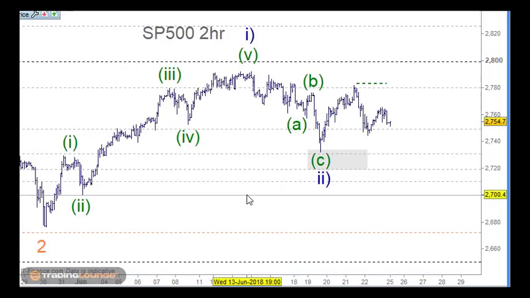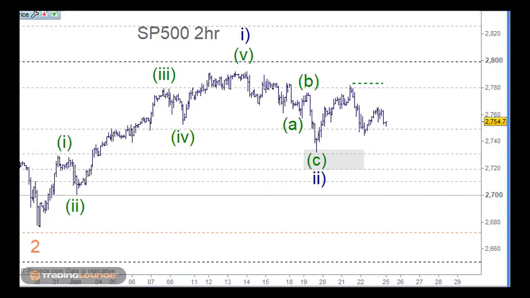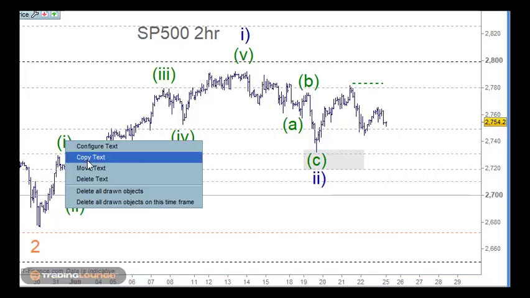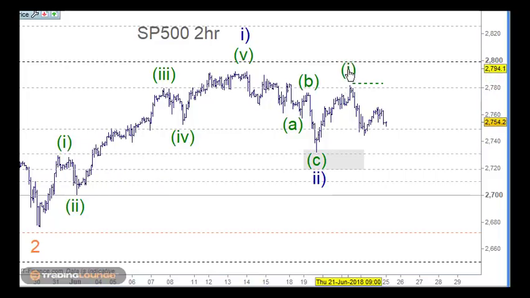This is where the strategy comes in. What we're talking about from here on in is really about when to go long and when to go short. In this case, it's possible to have this here as wave 1 and wave 2 here.